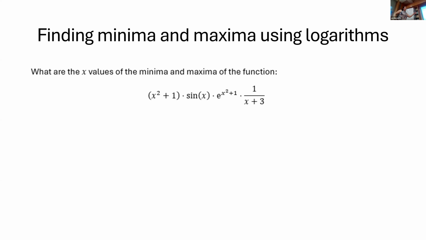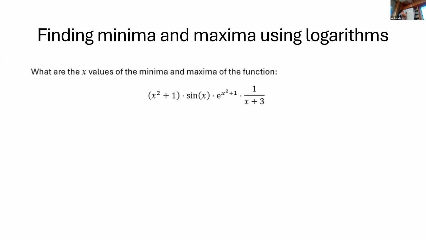Right, so we can use the product law, which means that I can write f of x as (x squared plus 1) times sine of x times e to the x squared plus 1 times 1 over (x plus 3), right?